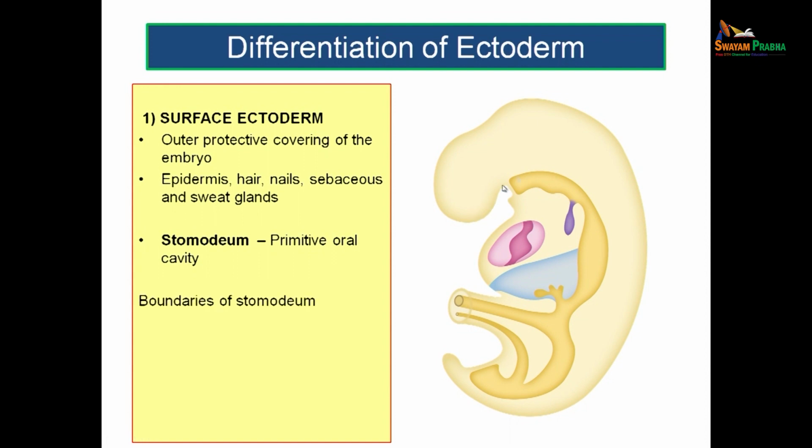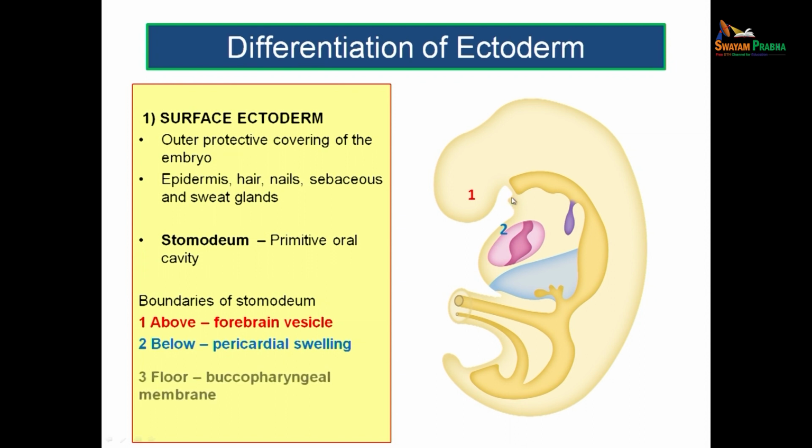So, let us see what are the boundaries of this stomodium. Above, in this region you have the formation of the forebrain vesicle. Below, you can see the pericardial swelling, which is giving rise to the future heart position. And what you get on the floor?